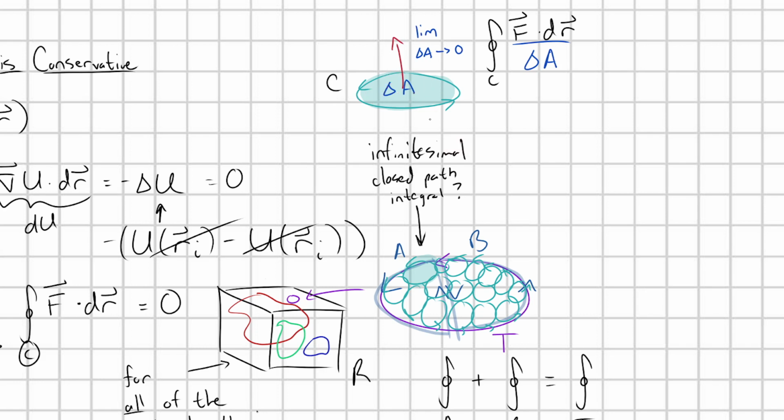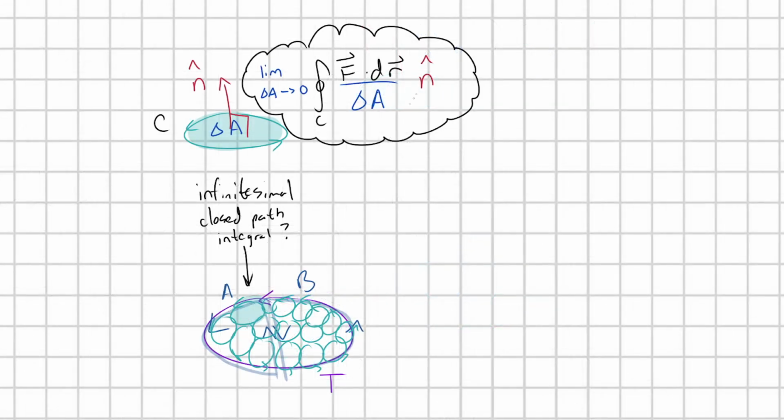So I'm going to introduce this little unit normal, and that's going to be called n hat. And so I've packaged this idea up for us. This is how we define the notion of taking the infinitesimally small closed path integrals of our force field, and we define this as the curl of our force field F.